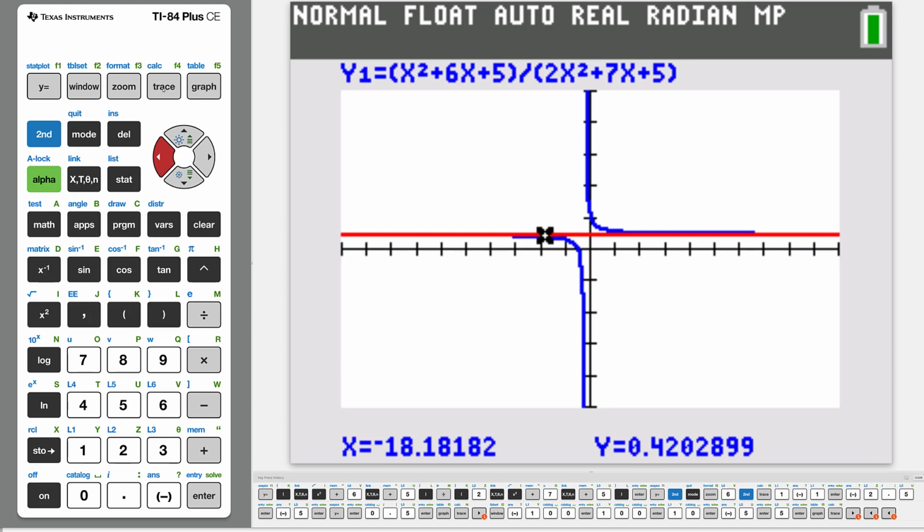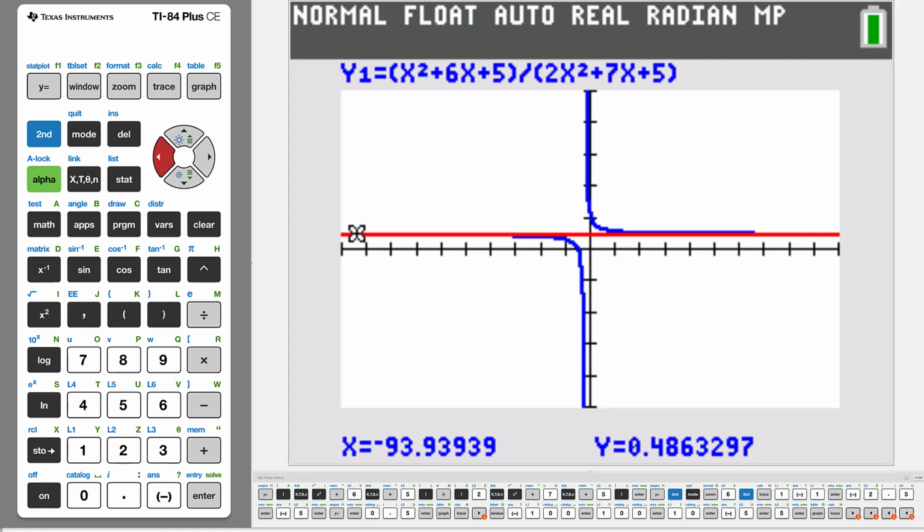Now I'm on the flip side, and you can see that the y values are going to be increasingly negative there. Notice the y value. It's going to increase towards 0.5, but it's never going to go above 0.5. And so no matter how much you widen up the window, you're never going to be able to get the y values to equal 0.5. It never contacts that horizontal asymptote.